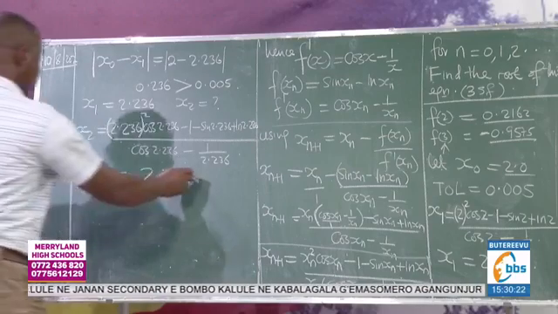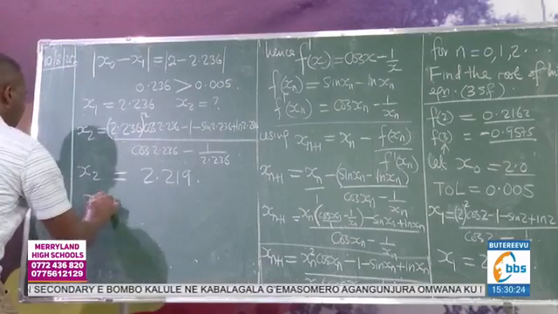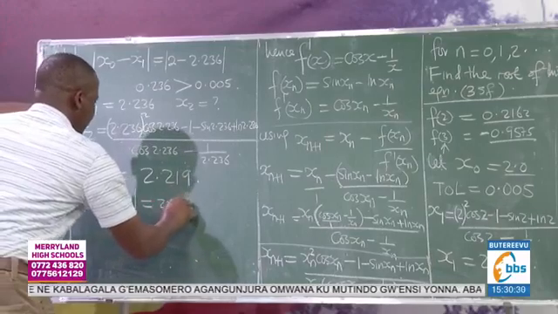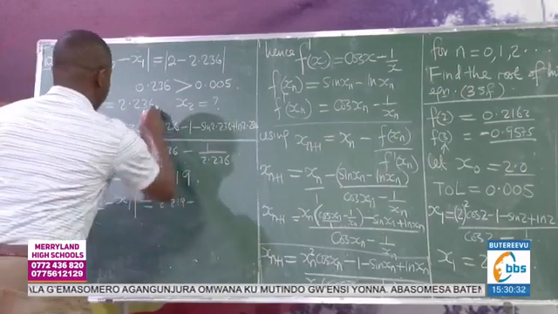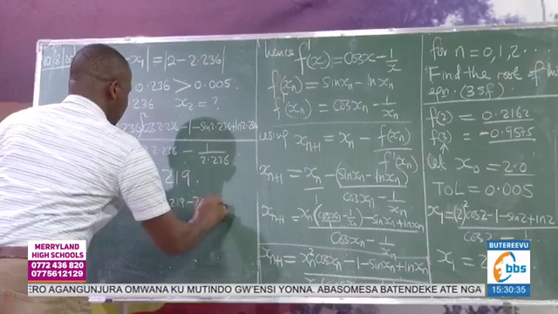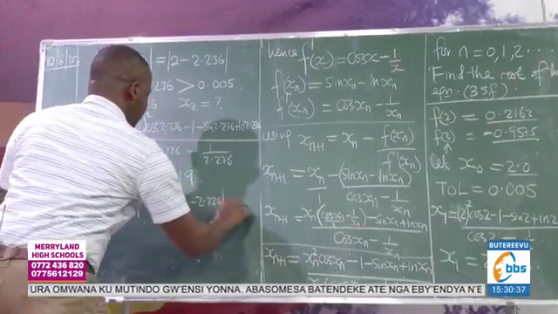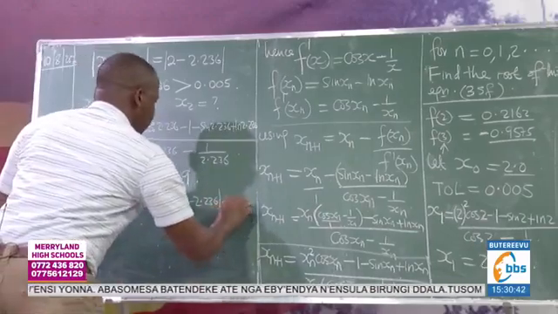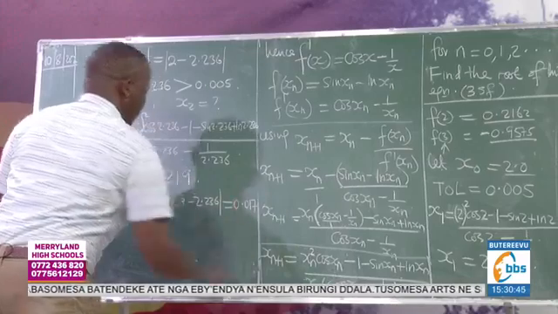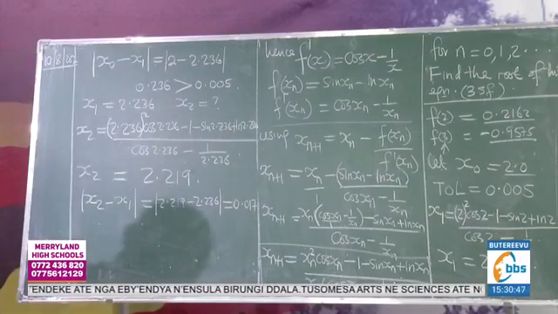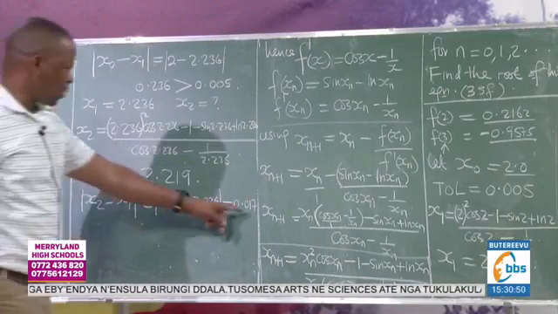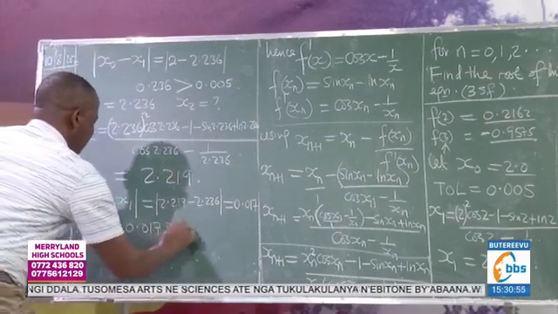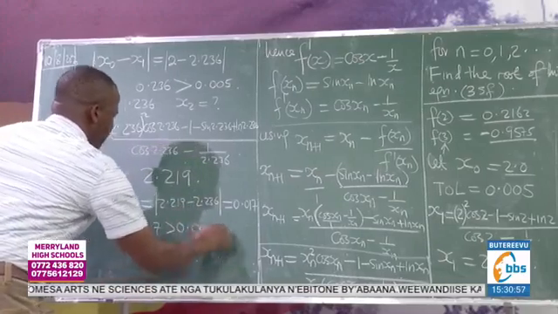And when we get this value, we again check for convergence. x2 minus x1 modulus will give us 2.219 minus our previous value, 2.236, which gives us 0.017. 0.017 is still greater than our tolerance value.